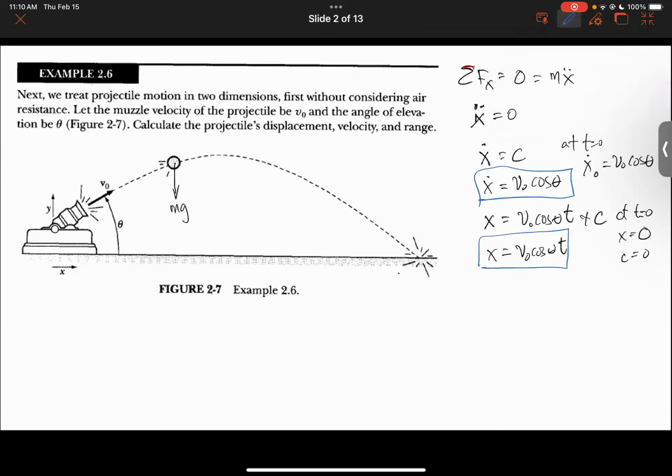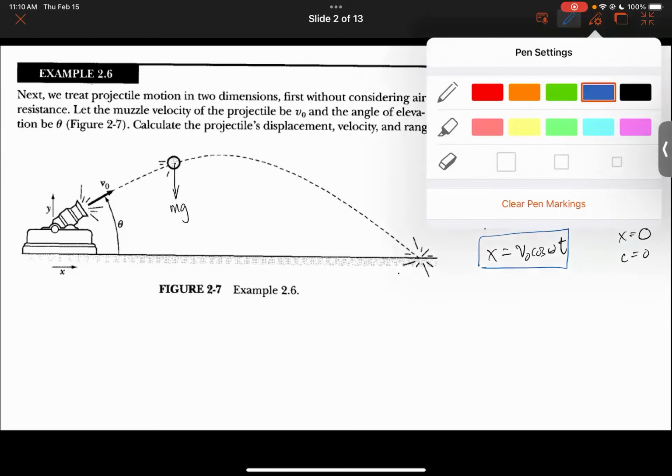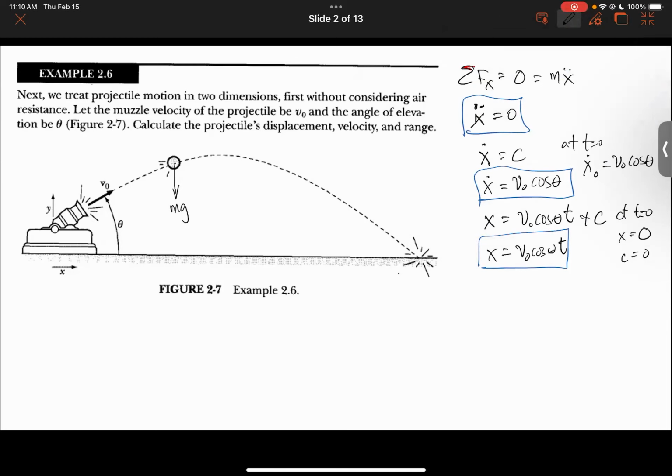Now, along the y-axis, we have itong gravity. And if we consider the positive direction to be upward, so along the y-axis, we have negative mg is equal to m y double dot. Okay, so we can cancel out the mass. So y double dot is equal to negative g.